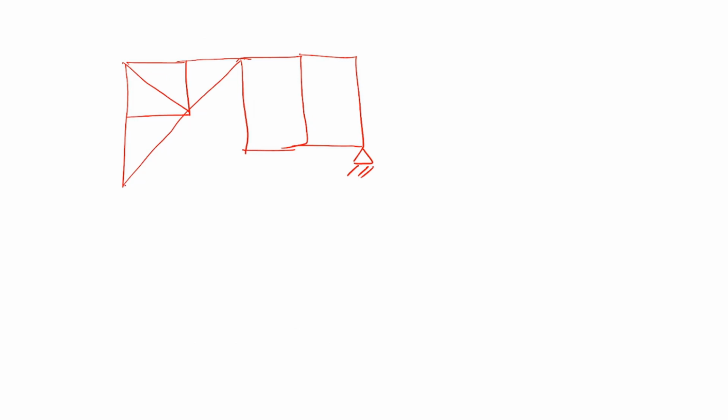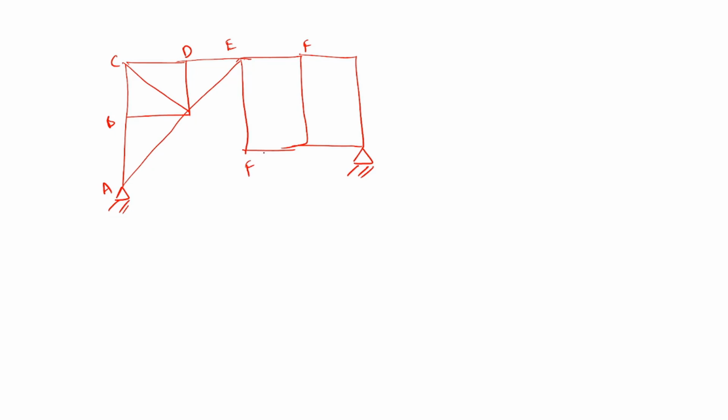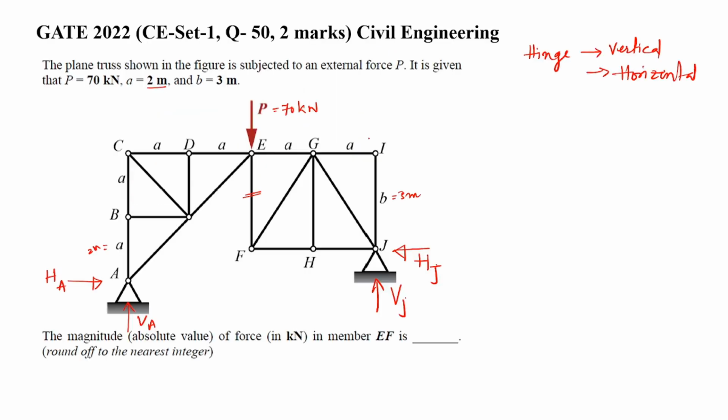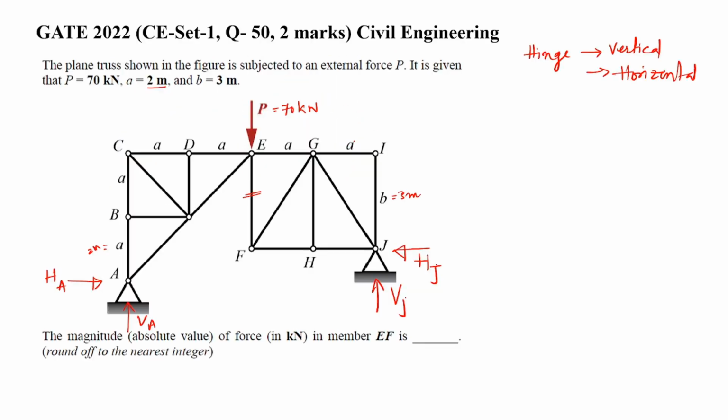This is hinge. This is also hinge. This is A, B, C, D, E, F, G, H, I, J. So there will be two members again here.